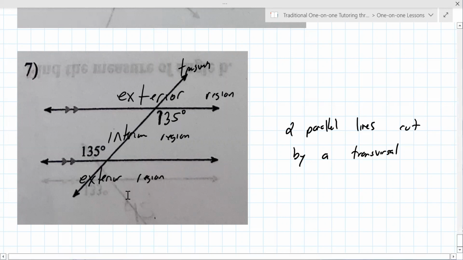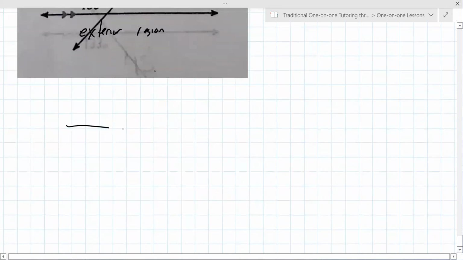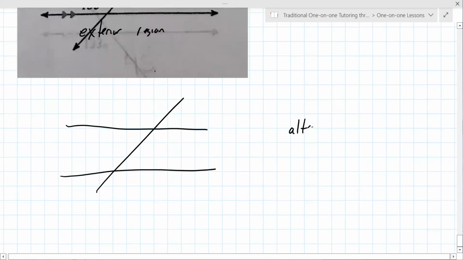And within two parallel lines cut by a transversal, there are a number of things that are true, angles that are equivalent. The first one, which is the reason your answer is this, is what's called alternate interior angles. So I'm just going to label these A, B, C, and D.